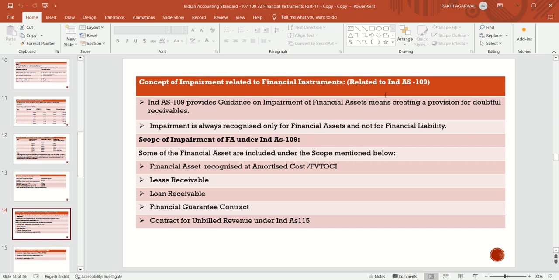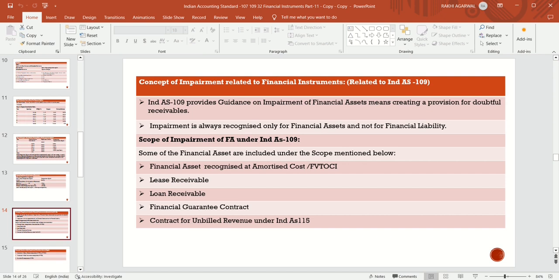So IND AS 109 provides guidance on impairment of financial asset, meaning creating a provision for doubtful receivables. Impairment of financial asset means there is a provision for debtors, provision for doubtful receivables.